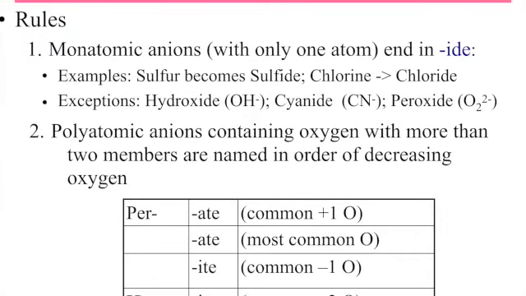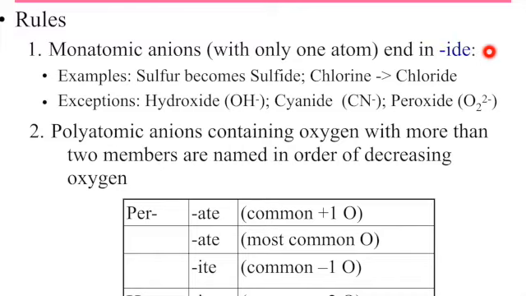Once you've named the cation, then you have to start naming the anion of an ionic bond. Now, anions are a little bit more complicated because there are multiple kinds of anions. As you go through and do the TRQs on the cations and anions, what you're going to find is ions that are made of one kind of atom.